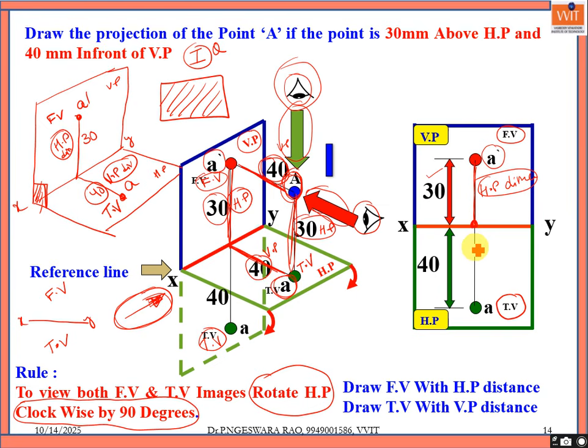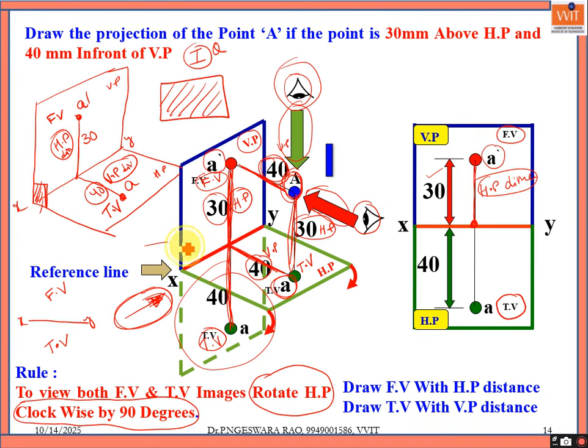And now the top view after rotation. You can see in this picture, we got it down the XY line, that is, the top view is below the XY line. If you observe carefully, after rotation, both the front view as well as the top view must be on a single line.